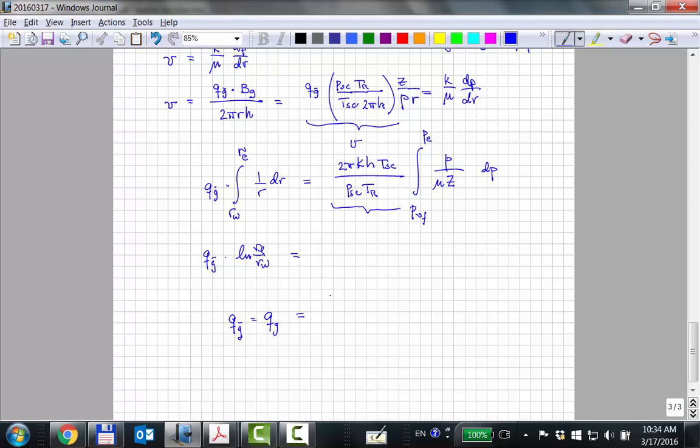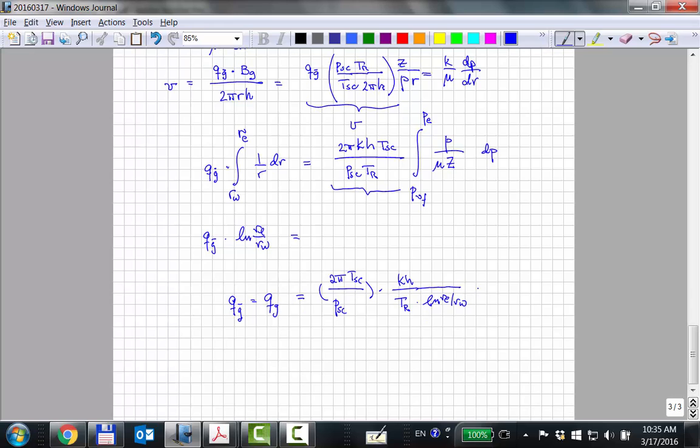And we've got 2 pi, standard, and then we've got KH over reservoir temperature, log RE/RW. That's a log. Doesn't look like it, but log RE/RW. Okay. Times this integral.